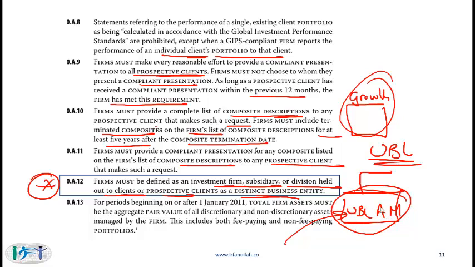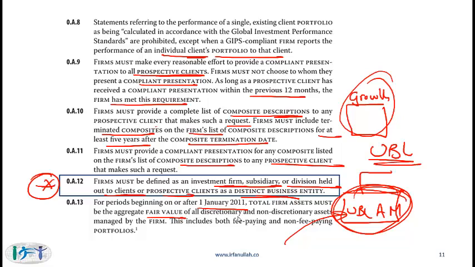Then it is appropriate to say that UBL Asset Management is the firm that could potentially be claiming GIPS compliance.